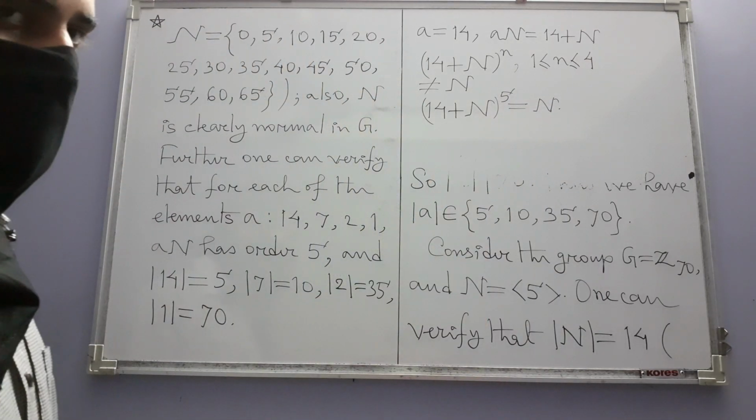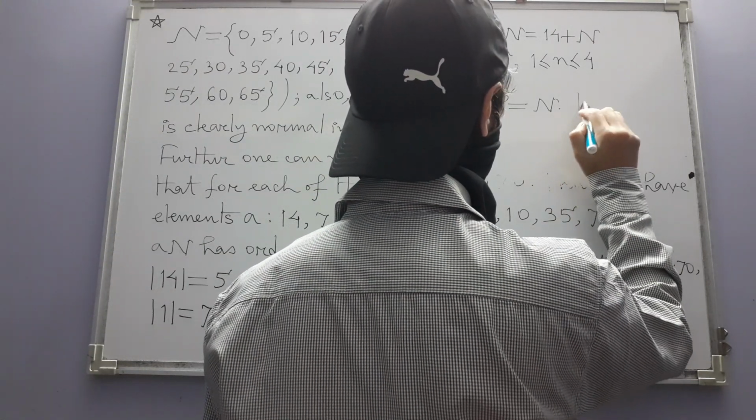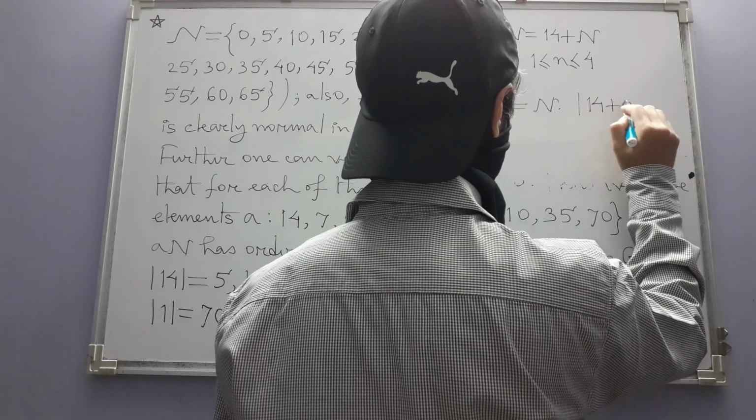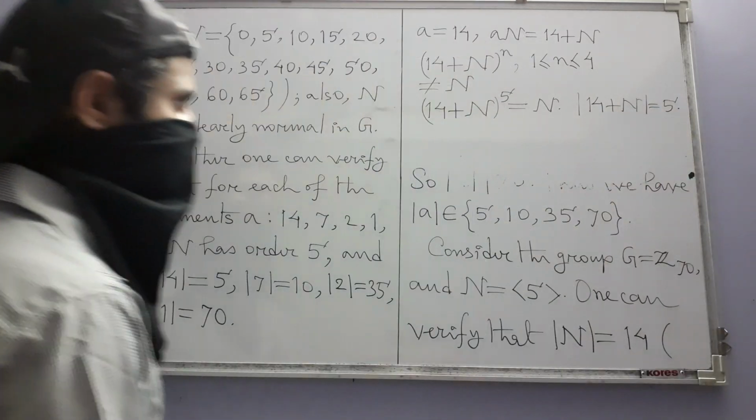When you show this, that guarantees that the order of this in the factor group is 5.